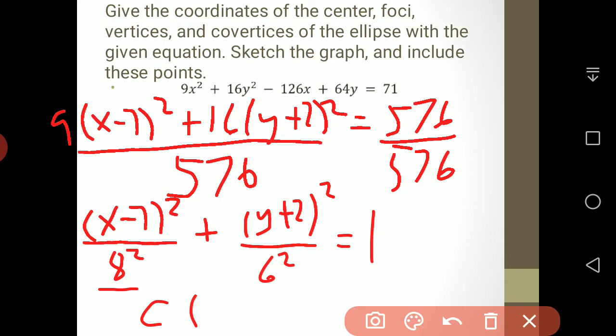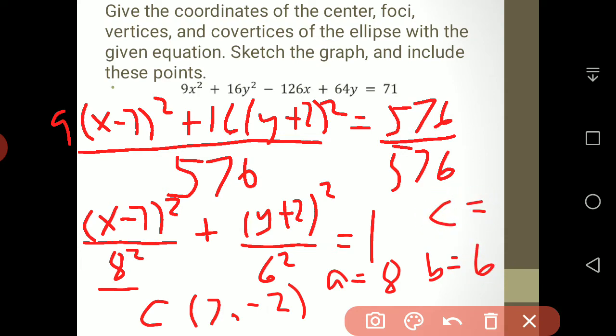Our center is at positive 7, negative 2, with a equal to 8, b equal to 6, and c here will be equal to 5.3.